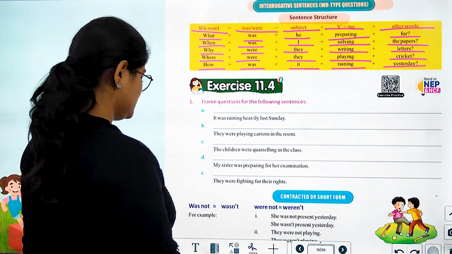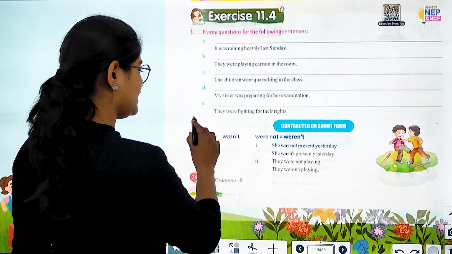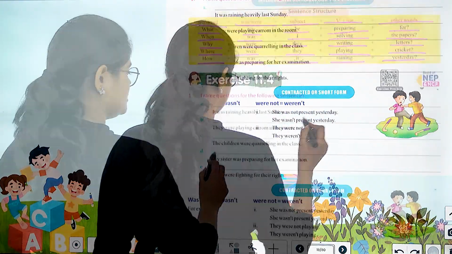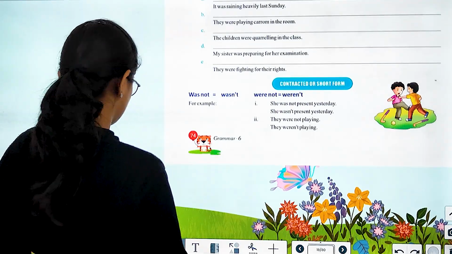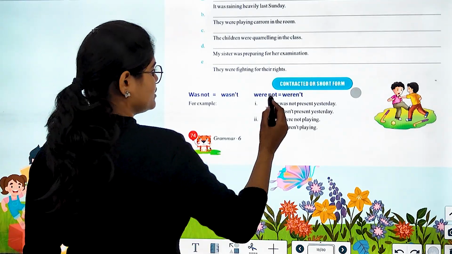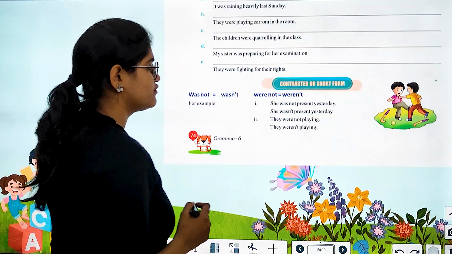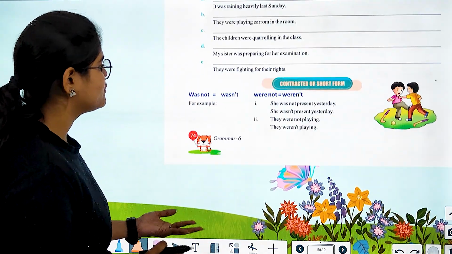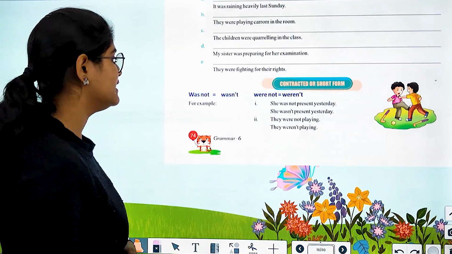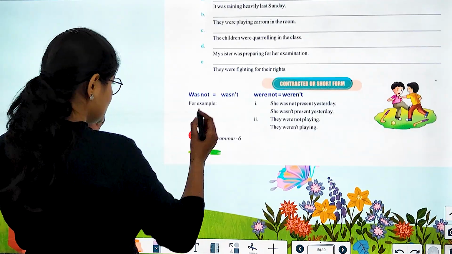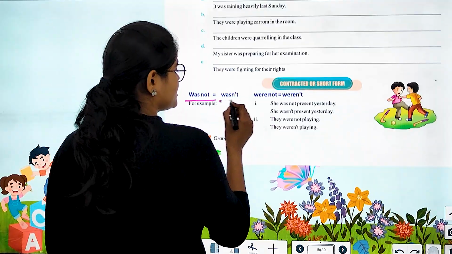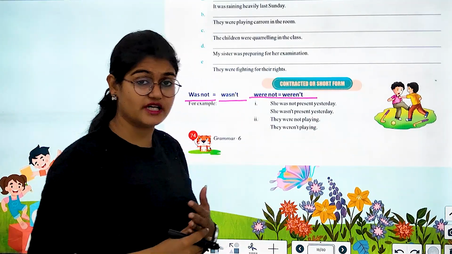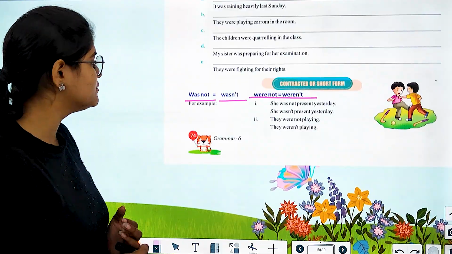Correct? Now, moving ahead, we have the contracted or the short forms, right? So let's see कि contracted या फिर short form क्या हमें बता रहा है. So they say was not can be written as wasn't, and were not can be written as weren't, right?